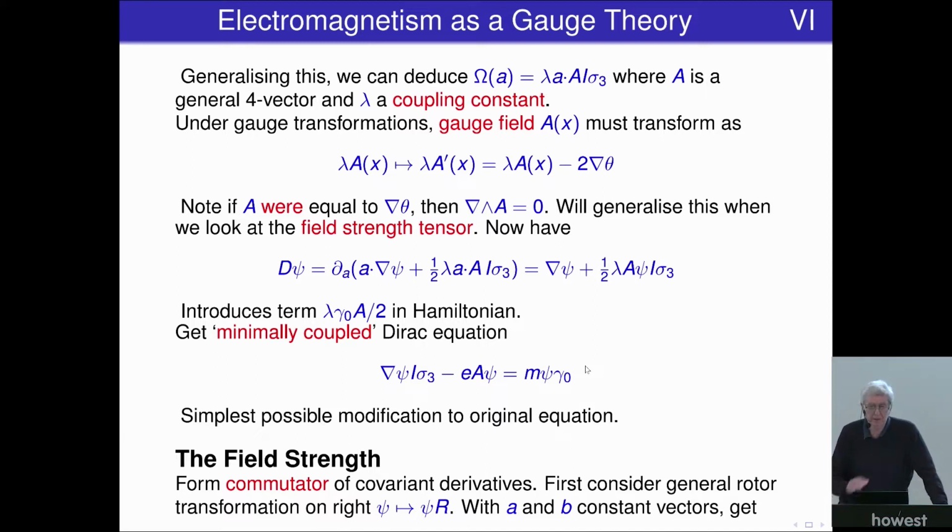Now, I've said that there are real physical effects when the curl of A is non-zero. How can I say that? Well, the next thing in a gauge theory is to work out the commutator of the covariant derivatives, because that's how you get physical things. And let's do it again. Let's go back to psi goes to psi r.